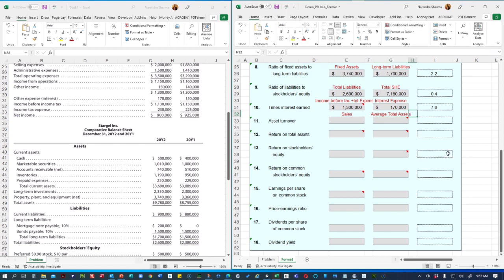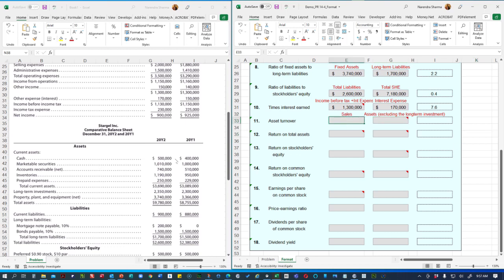Now please remember, whenever you are taking the average total assets, please exclude the long-term investment. Okay, so that is the concept that you have to remember.